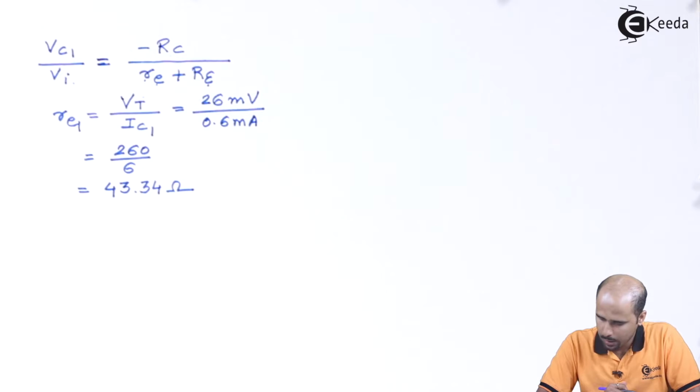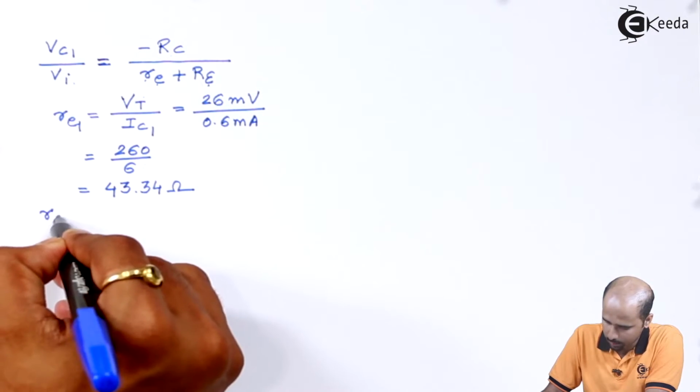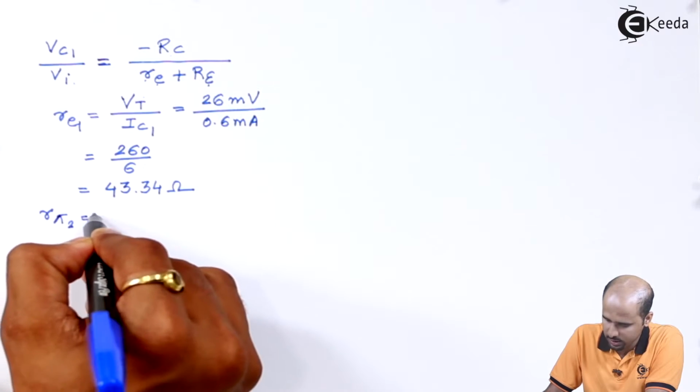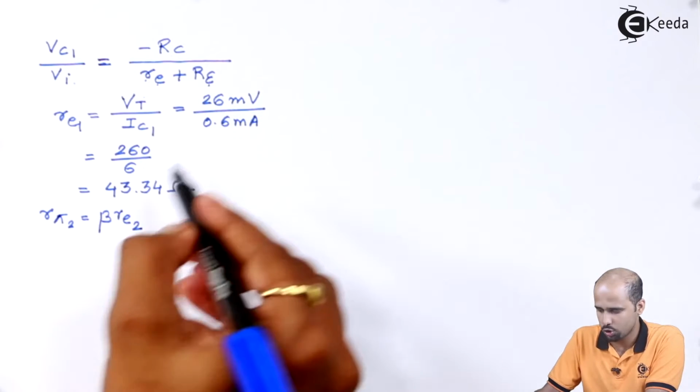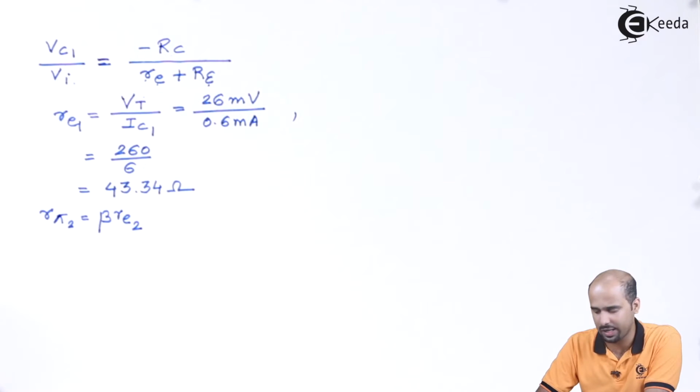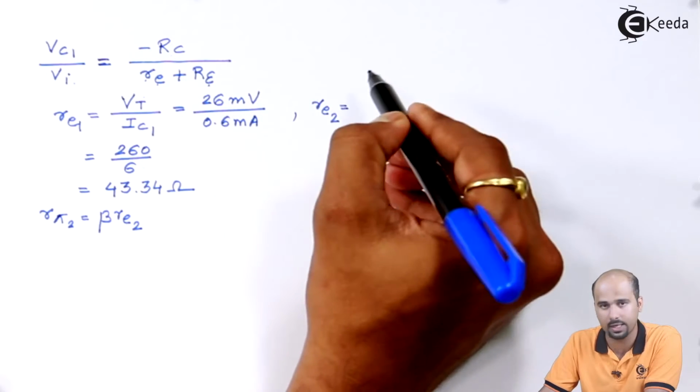Okay, re1 is done. What will we have to calculate? The value of R pi, that is nothing but the input resistance for the second stage. So we will say R pi 2, which is equal to beta re2, right? As we have calculated the value of re1, we again have to calculate the value of re2 and re3 as well.